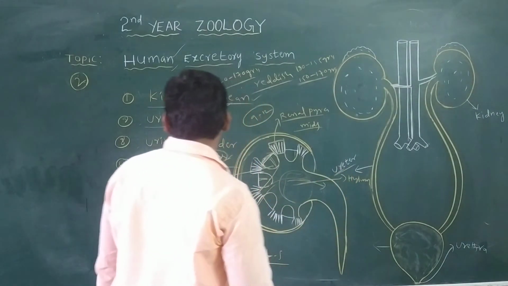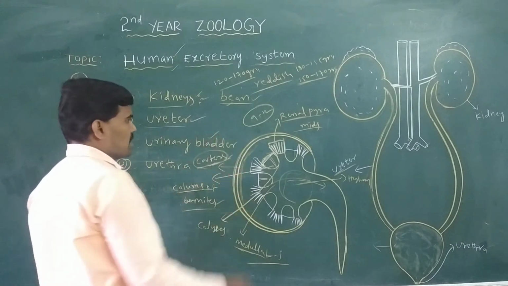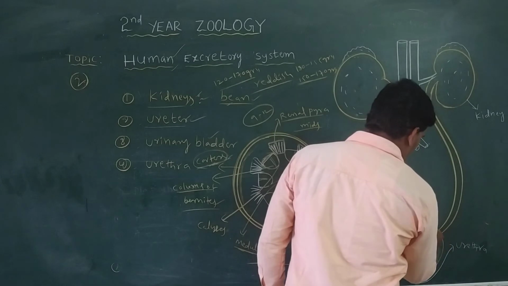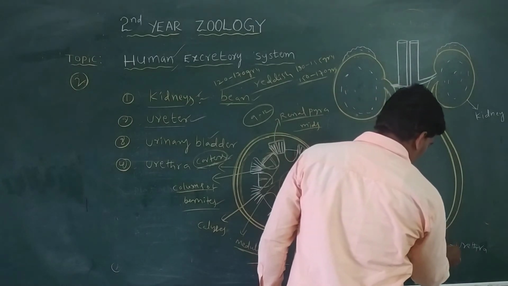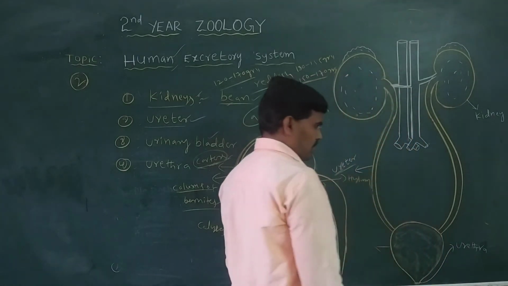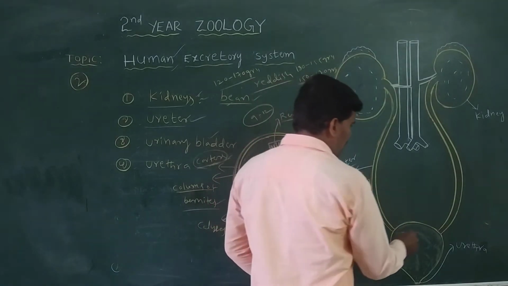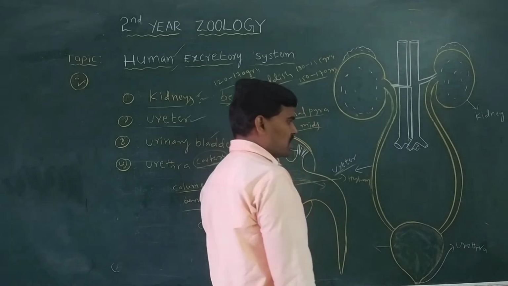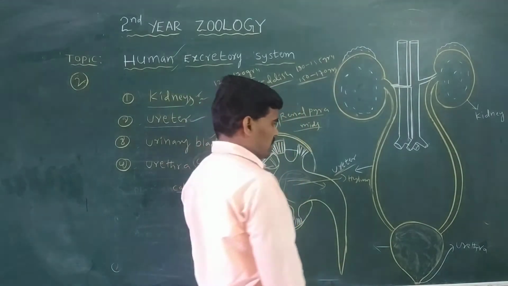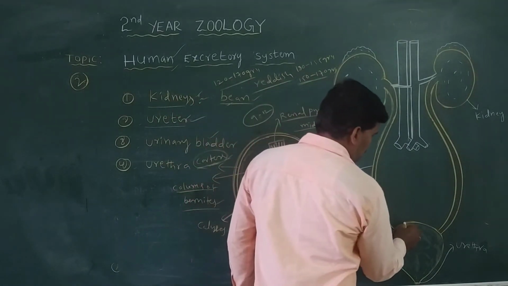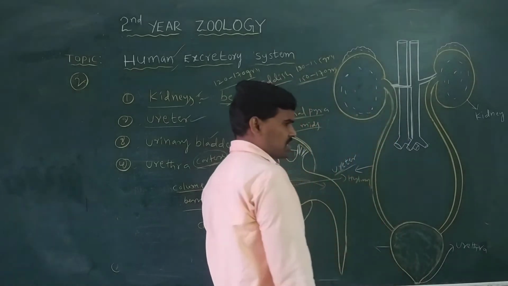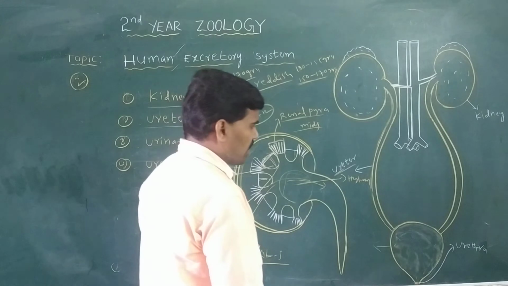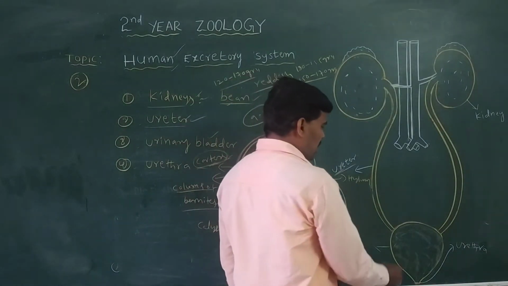Next, the third organ: the urinary bladder. The urinary bladder is pear-shaped, round or pear-shaped. It has smooth muscles in two layers and sphincters, external and internal sphincters.